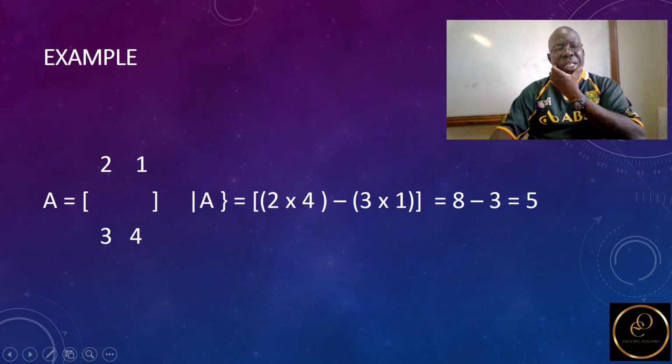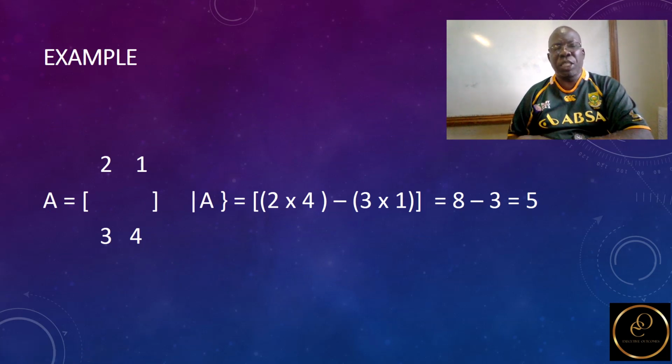So we look at an example of a matrix A being 2, 1, 3, and 4.